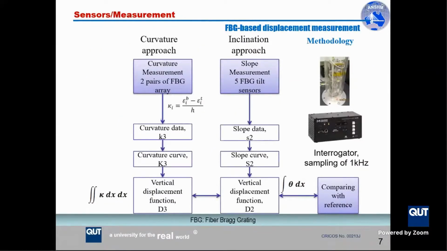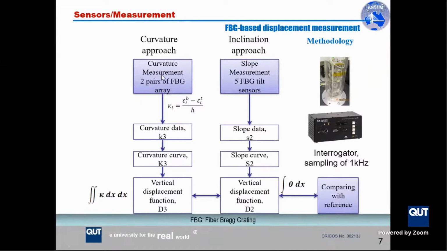In this slide, I would like to show you some developments on sensors and measurement devices. Fiber optic sensors, such as FBG sensors, are normally used to measure strain, right? But we developed 2 methodologies to measure displacement using FBG sensors.